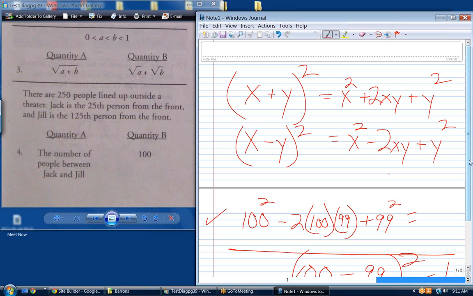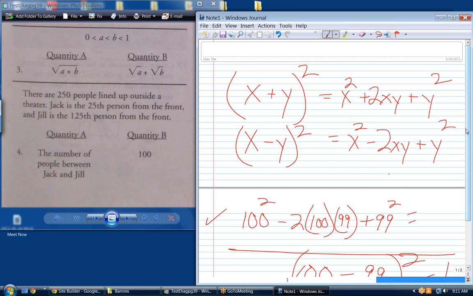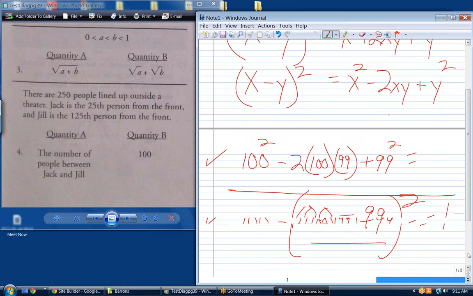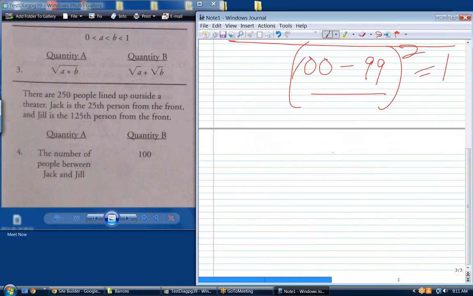Okay, so back to our problem. Let me go down the page here. If the left side of the equation is a plus b, and the right side of the equation is a plus 2 square root of a times square root of b plus b.